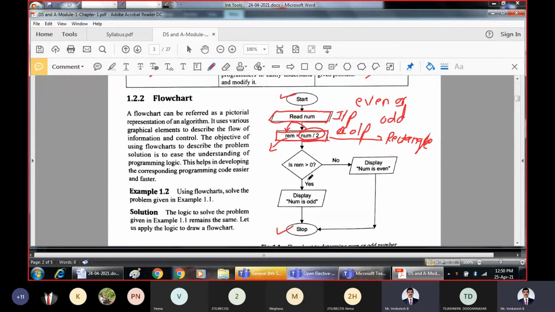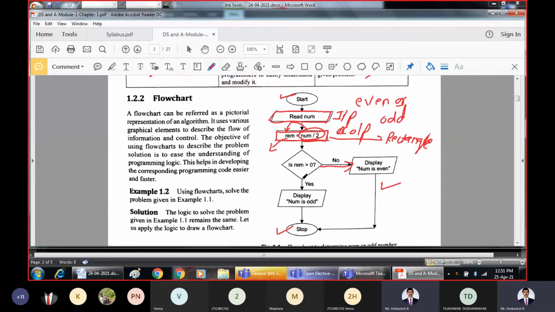So once you get the remainder part, now we have to check whether the remainder is 0 or not. That means if the remainder is greater than 0, then we say it is an odd number. Else we conclude that the number is even.